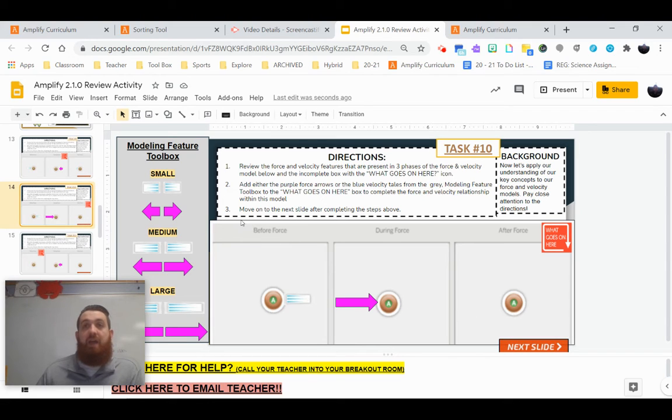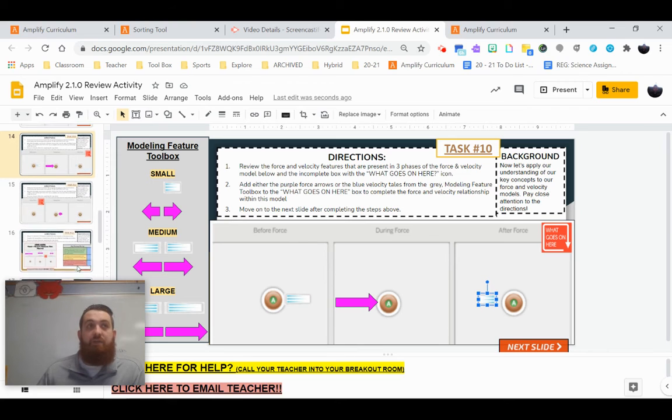Therefore, we would have a small force, okay? But now, because this force is larger than this velocity, we're going to have a small velocity in the opposite direction. So I would have pulled this guy right here, okay? So this force is larger than the velocity, causing a small velocity in the opposite direction. Notice wherever I see the "what goes here," that's where I'm going to be adding or making changes.